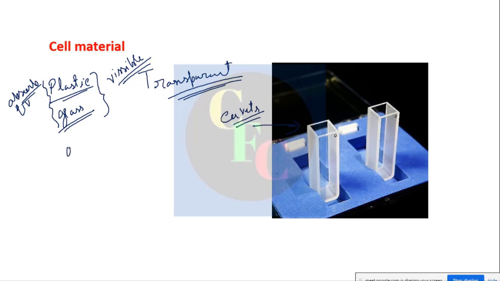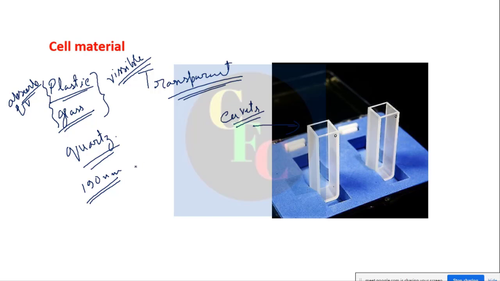That's why quartz cuvettes are used, right? The pictures you are shown here are quartz cuvettes. They do not absorb above 190 nanometer, so up to 190 nanometer it is fine.